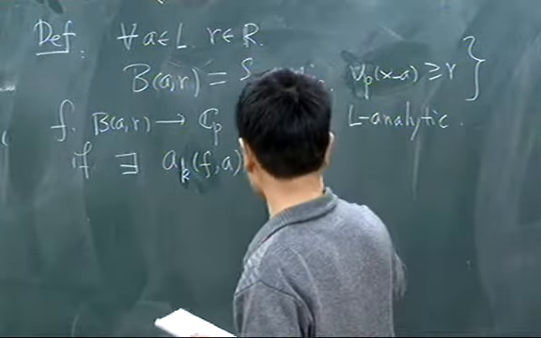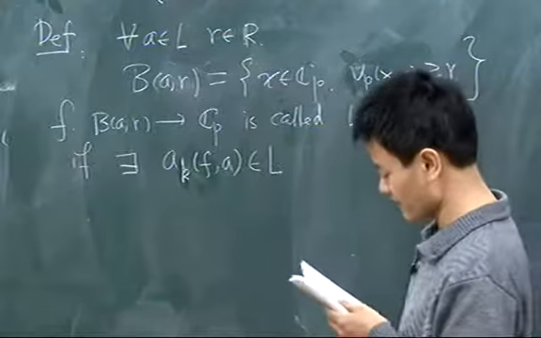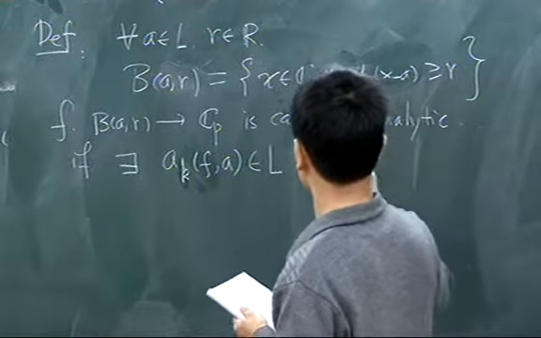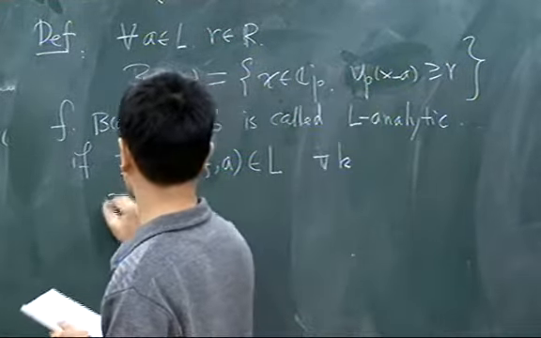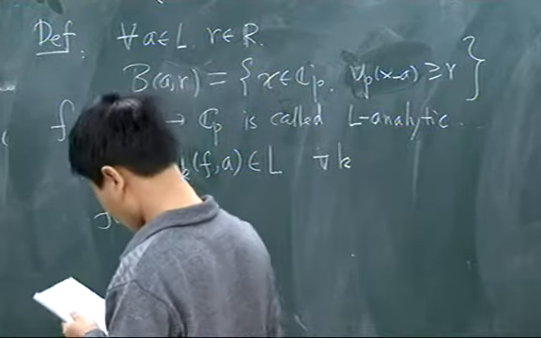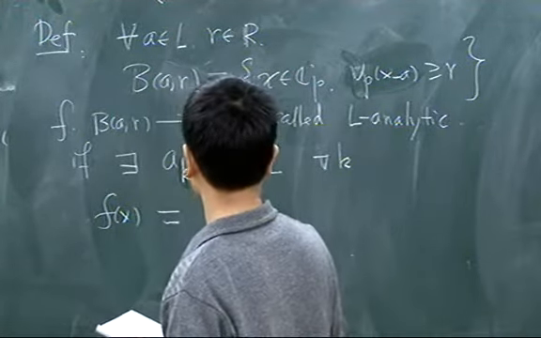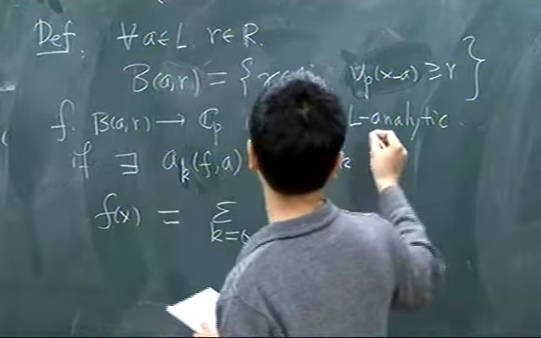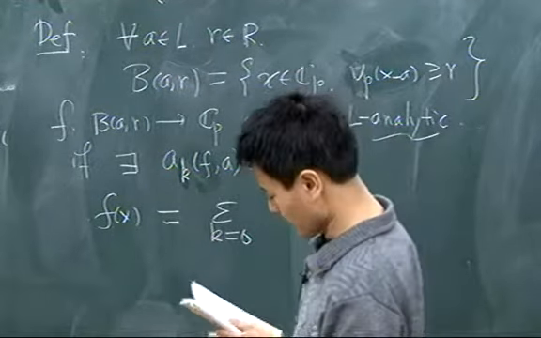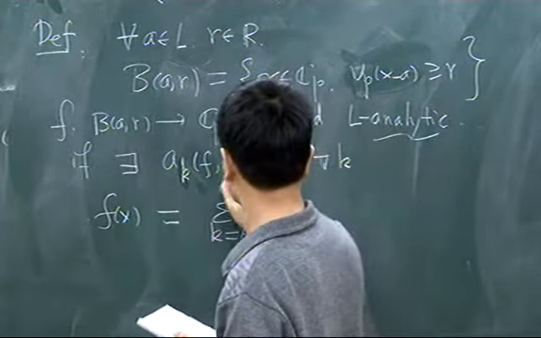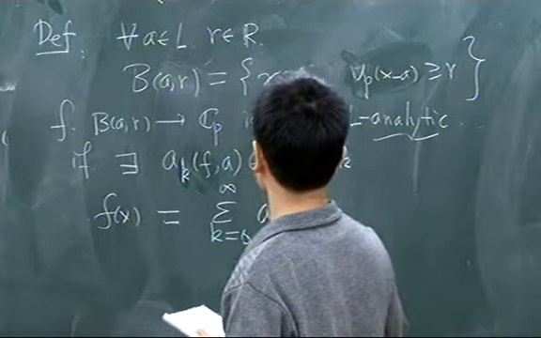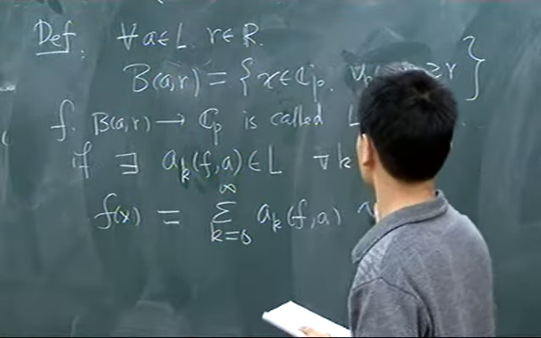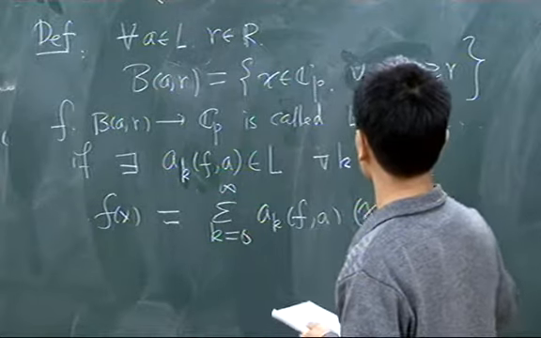So if this exists for any k, f(x) is a power series, since analytic usually just means a power series: the sum of a_k(f)(x − a)^k.